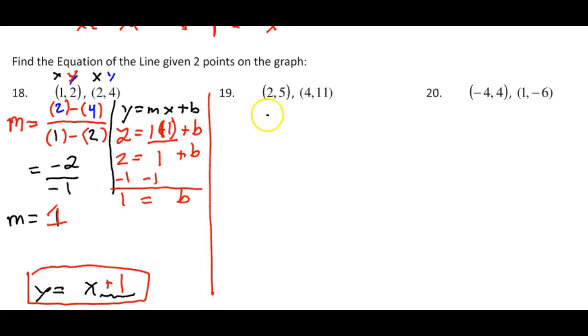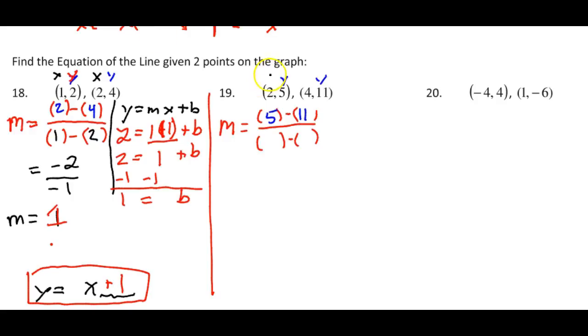Okay, let's do a few more times practicing this. Okay, so let's find the slope. And start with these empty parentheses. It'll help when the negative numbers show up. So y's on top. We got 5 and 11.